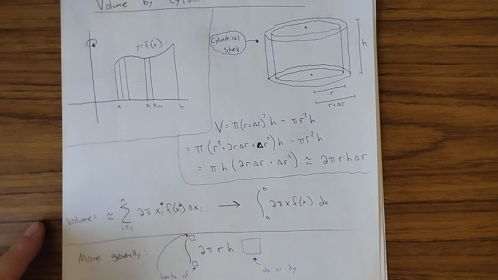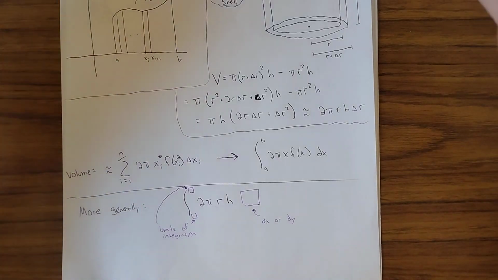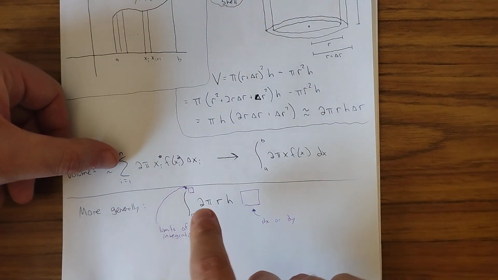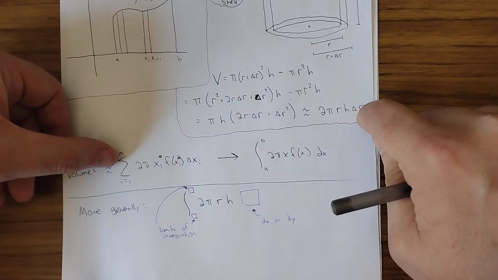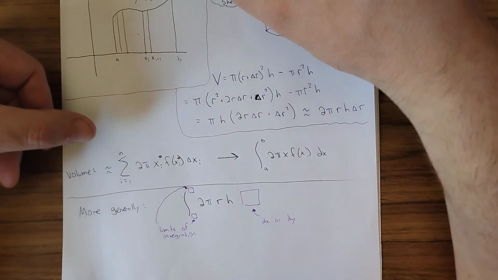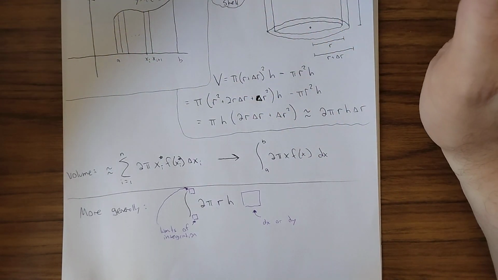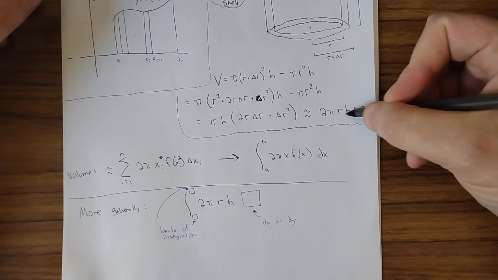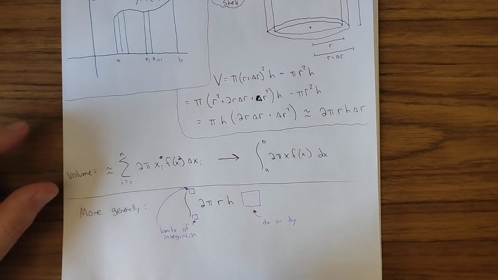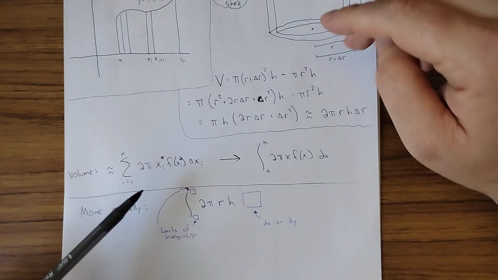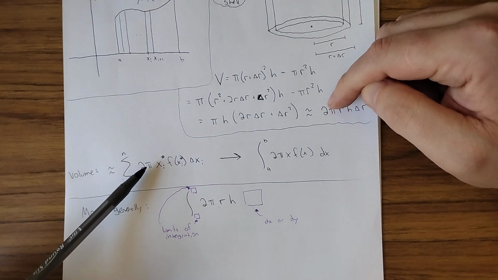Okay, so if you believe me, our approximation for the volume is I'm going to add up a bunch of things that look like this. Going back to what we were doing, each one of these rectangles has its own cylindrical shell, and I'm going to use this for each one and add them all up. So there's a sum, that's what this is for. There's a 2 pi, just like this.